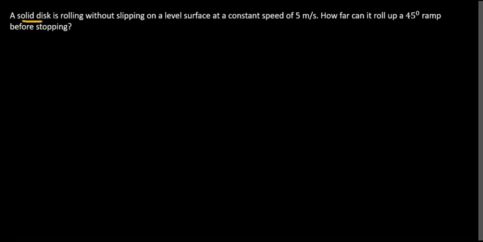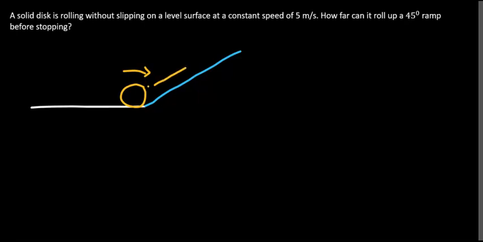A solid disk is rolling without slipping on a level surface at a constant speed of 5 meters per second. How far can it roll up a 45 degrees ramp before stopping? So what's happening here is you have a horizontal surface, and then you have this ramp like that, and a disk is rolling forward like that and continues to climb upward along that ramp up to a certain height.